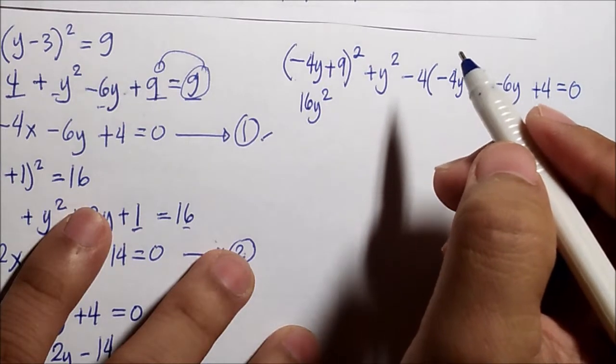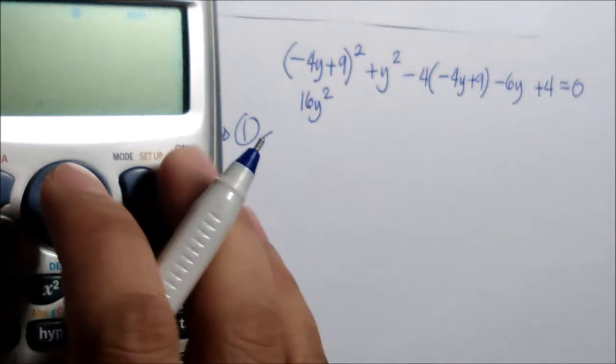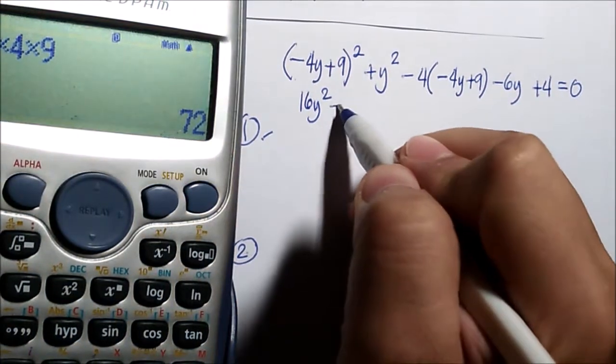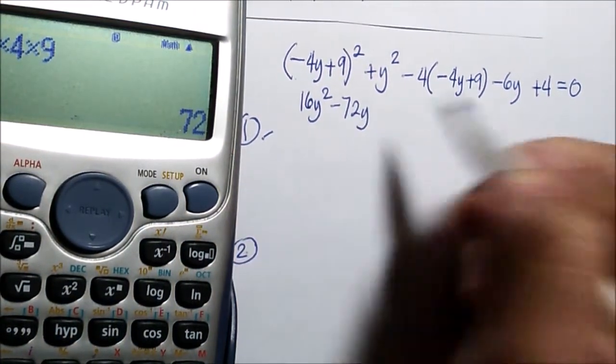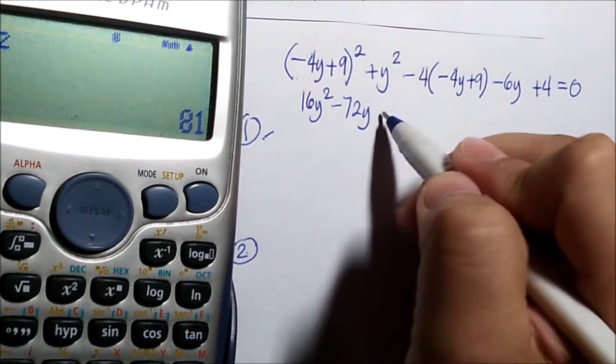Okay, minus twice the first term times the second term. I will use calculator. 2 times 4 times 9, 72, minus 72y. Then square of the second term plus 81.